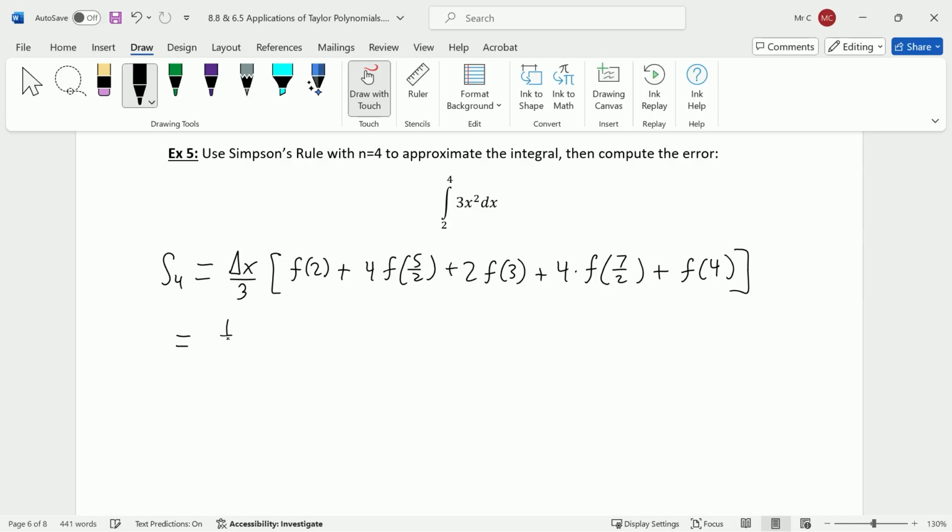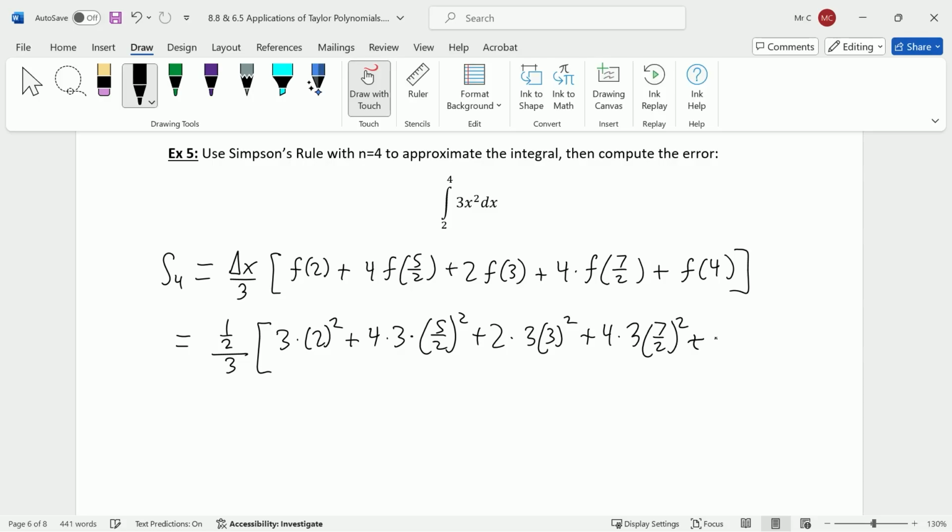So I plug in, I get 1/2 over 3 times 3 times 2 squared plus 4 times 3 times 5 halves squared plus 2 times 3 times 3 squared plus 4 times 3 times 7 halves squared plus 1 times 3 times 4 squared.